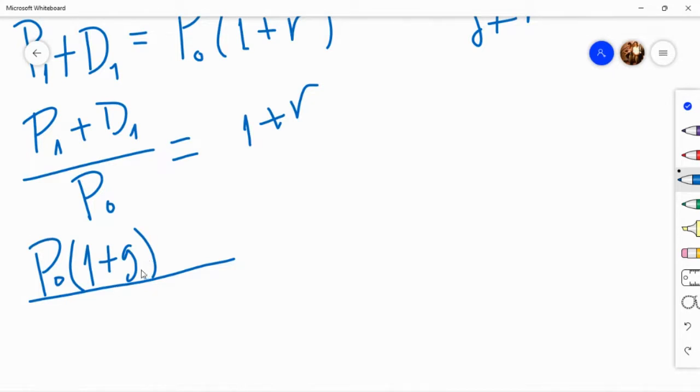I mean, the growth rate in the house value can be calculated by, in other words, growth rate is what?